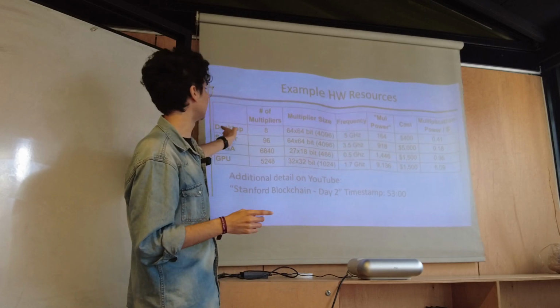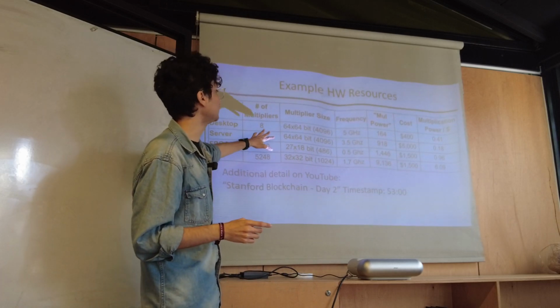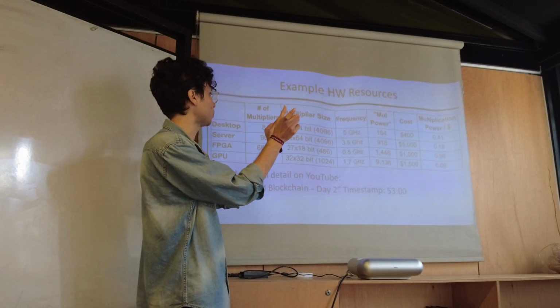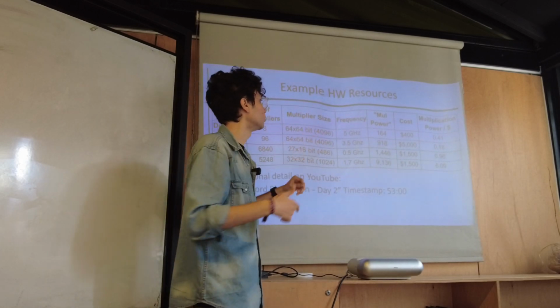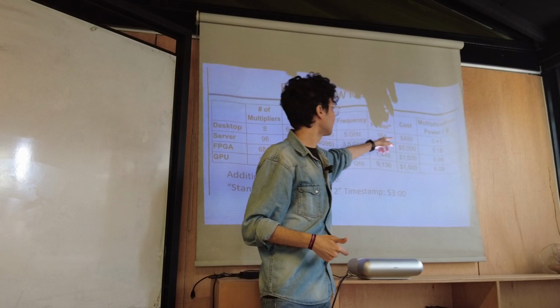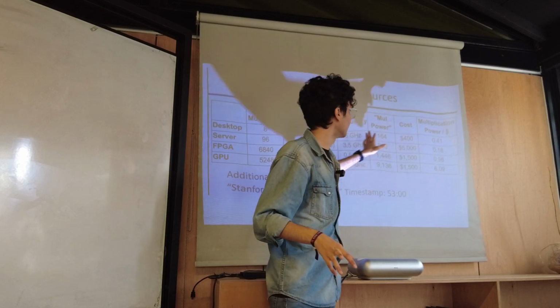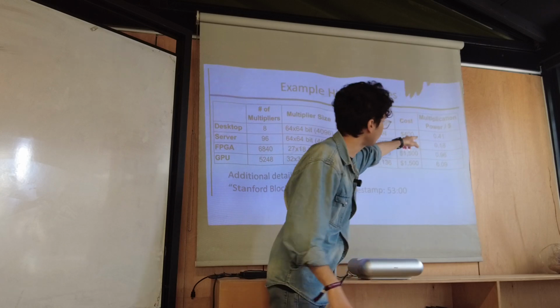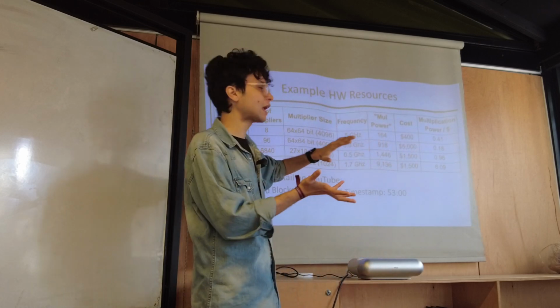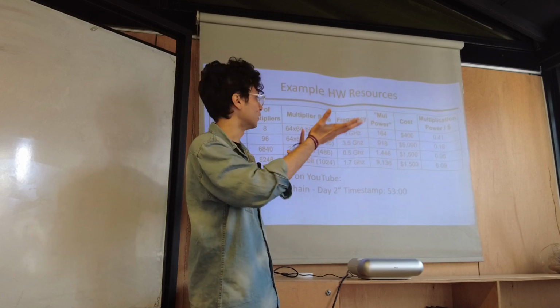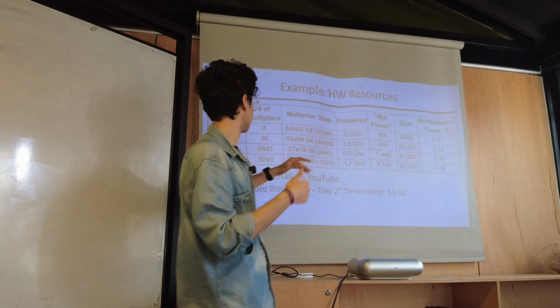Take desktop computers, for example: they have 8 cores, and we usually can do 64-bit by 64-bit operations at 5 gigahertz speed. These things are quite inexpensive these days, so it gives you a score of 0.01. This one calculates how powerful it is and how much money you're spending, based on the power consumption.